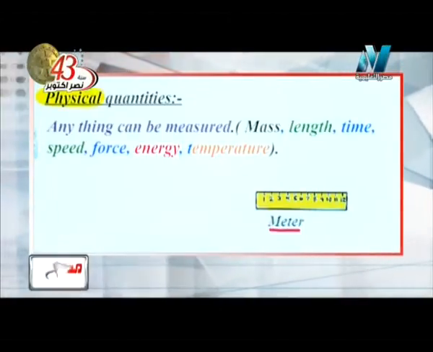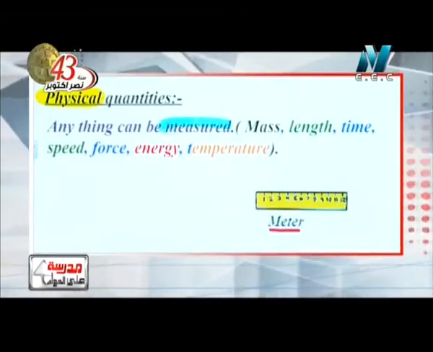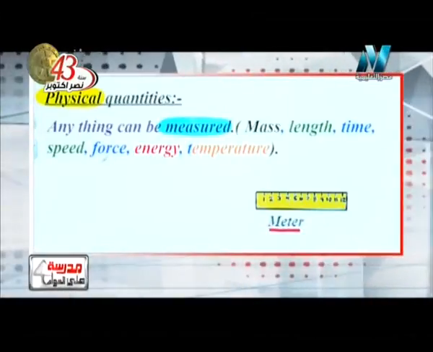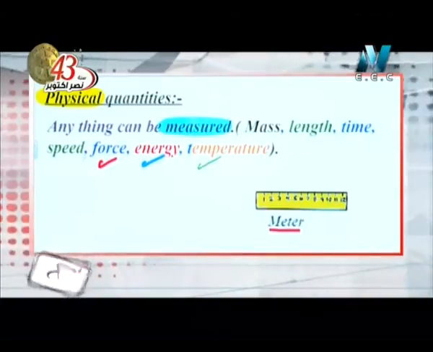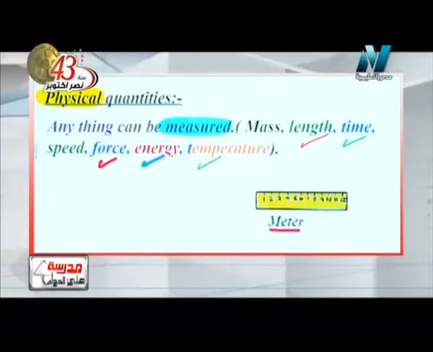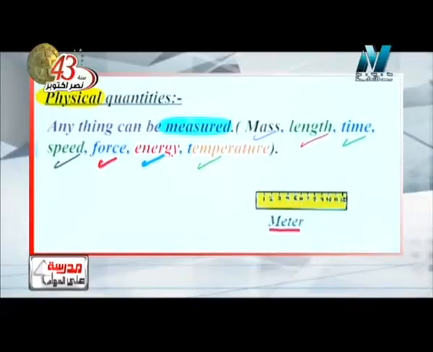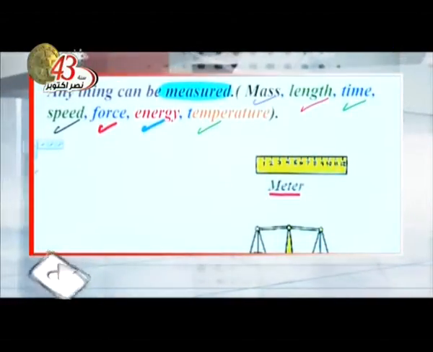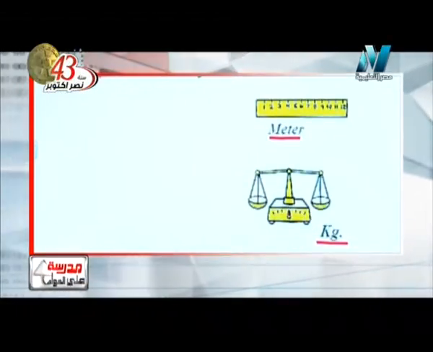Like force, energy, temperature, time, length, speed, and mass. So we have here, for example, meter for length or distance, and kilogram for mass.